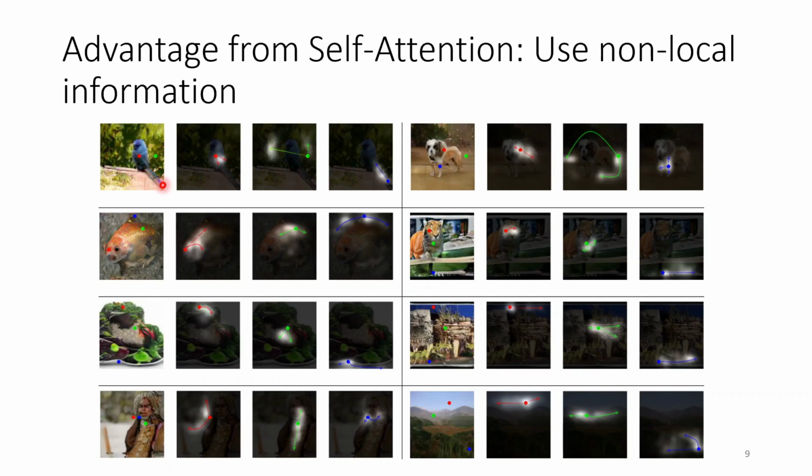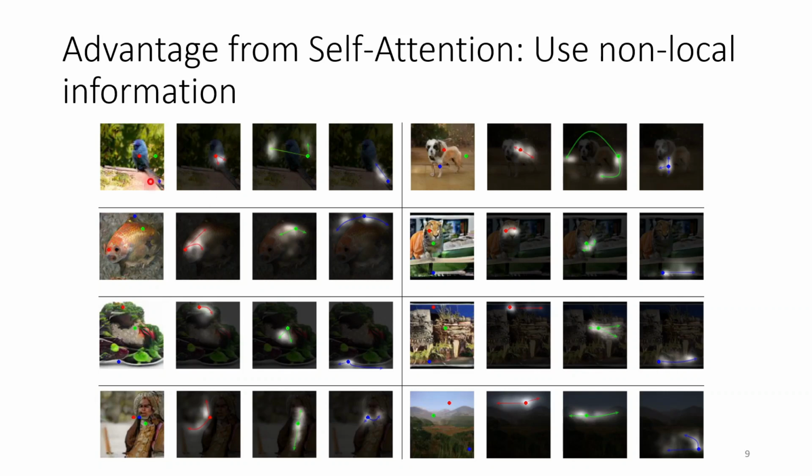It means if this is the generated image, and they pick 3 points on the generated image, and then they look at the previous layer, because this is a self-attention method, they can highlight which region in the previous layer contributes to the final layer.